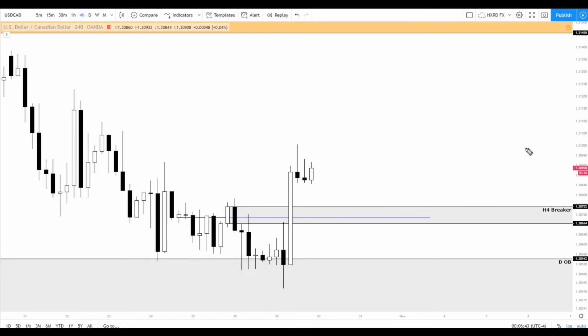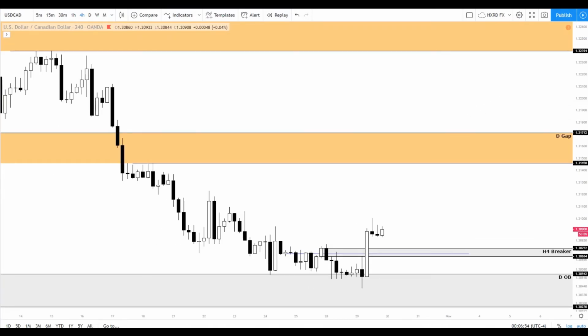I'm gonna have some longs open here, and my stop just resting there, targeting mainly the daily gap here. Of course you should always be taking profit along the way. Very clear areas to take profit.